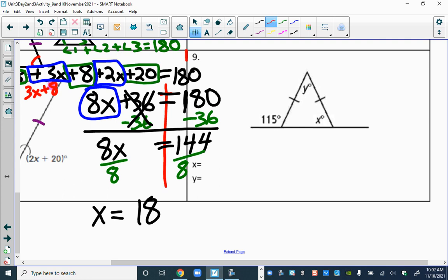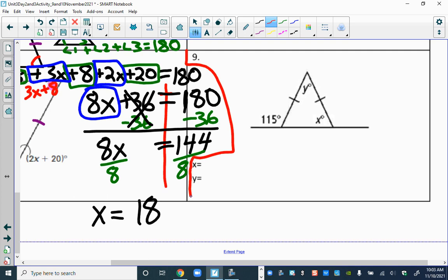I'm just going to really quick delineate in our notes between problem 8 and problem 9. So again, we talked about 2 things. Thing number 1, whenever you have 2 congruent sides of an isosceles triangle, their opposite angles are congruent.